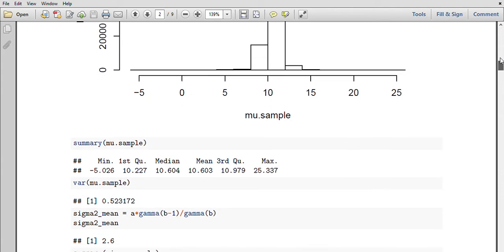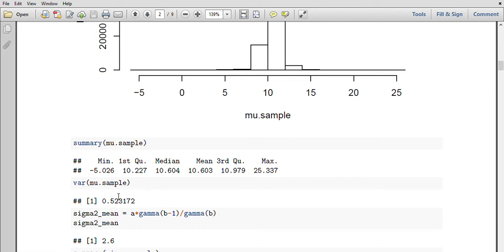Now the variance is 0.523172. Notice that this is a marginal variance, even though we sampled observations from mu given sigma, because we are generating 10 raised to 5 observations. It's a huge size, so we are covering almost the entire possible range of mu, that is the real line, and so this will be almost the same as the unconditional variance of mu.